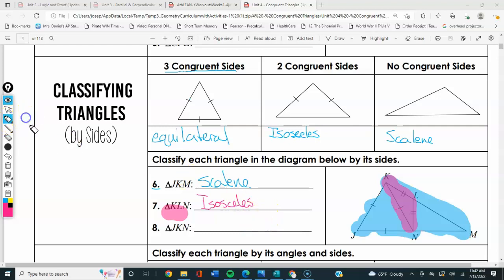And lastly, we have JKN. This is the yellow one right here. On that one I've kind of messed up, but you can see in your paper. We have 1, 2, 3 sides marked congruent. All my sides are congruent. They're all equal in length, so that is an equilateral.